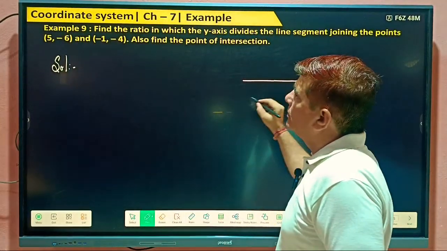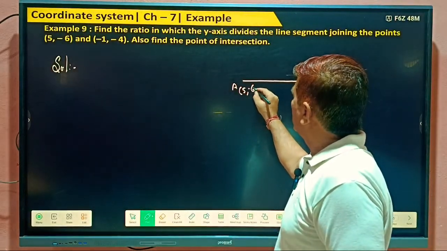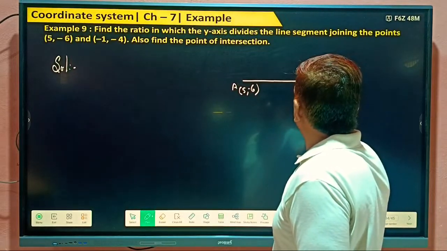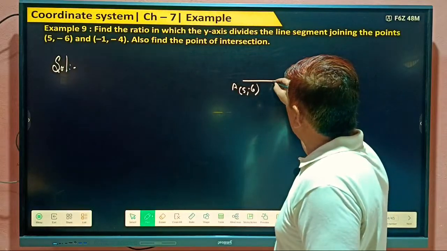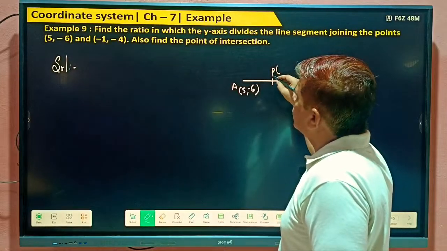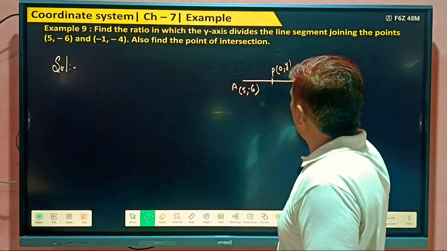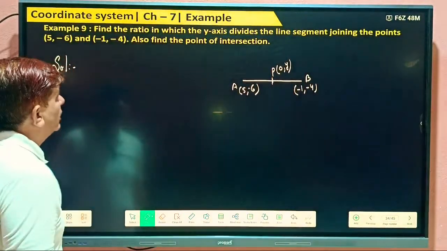This line segment. A we have taken as 5, minus 6, and B we have taken as minus 1, minus 4. And this is the y-axis. We can say this is a point P, whose coordinates are x must be 0, and this we can take as y. Got this? This is the main point here.